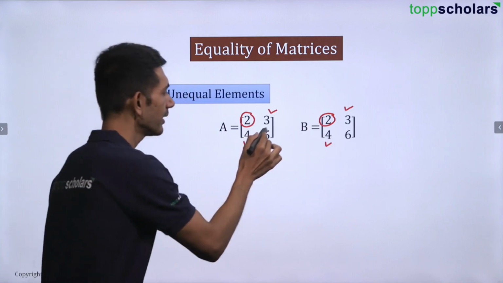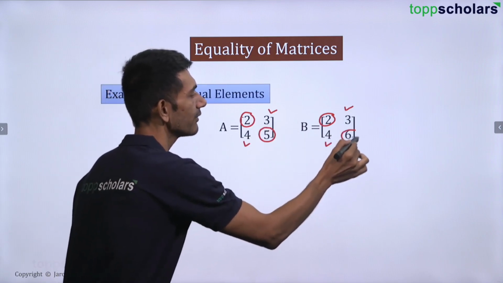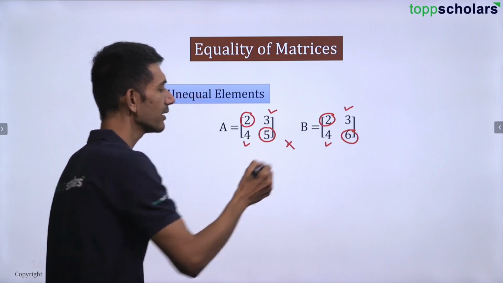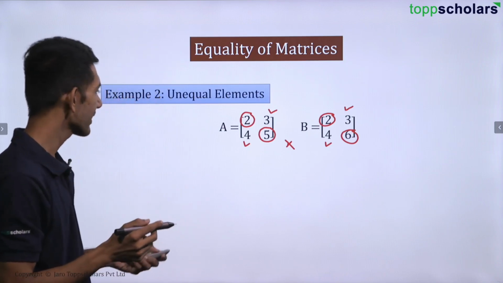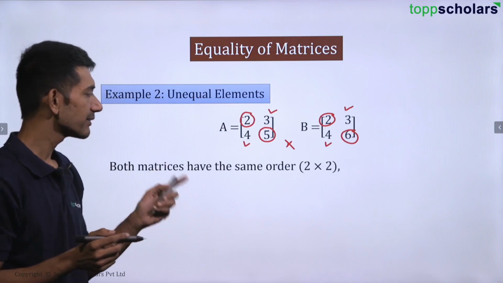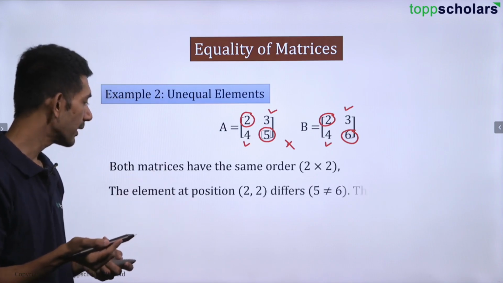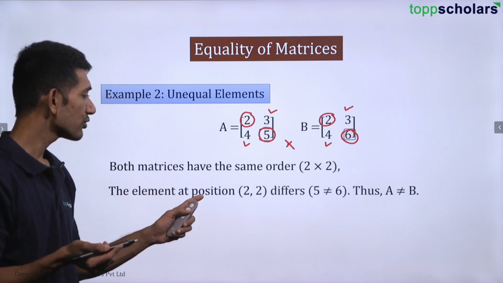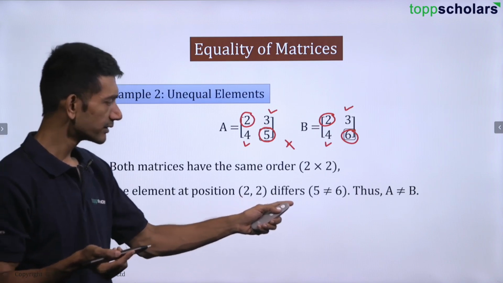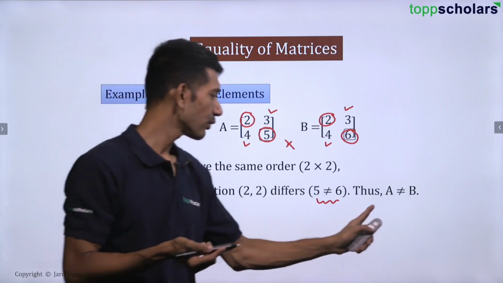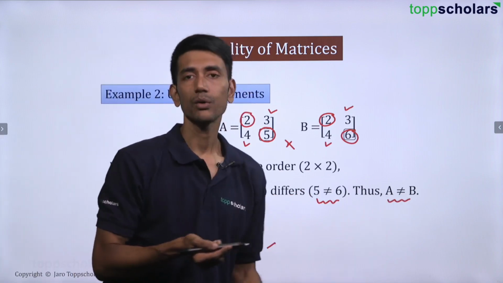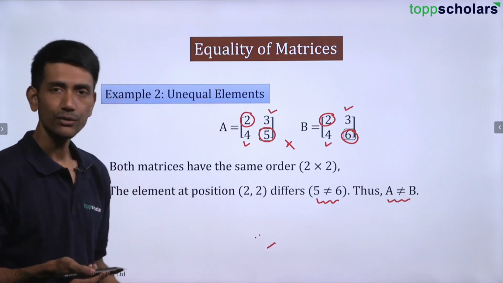But here we have 5 and here we have 6. They are not equal, right? So even if one element is different, they are not equal. Both the matrices have same order, of course, but the element at position 2,2 differs, right? Because 5 is not equal to 6. And therefore, we can say that A is not equal to B because 5 is not equal to 6.